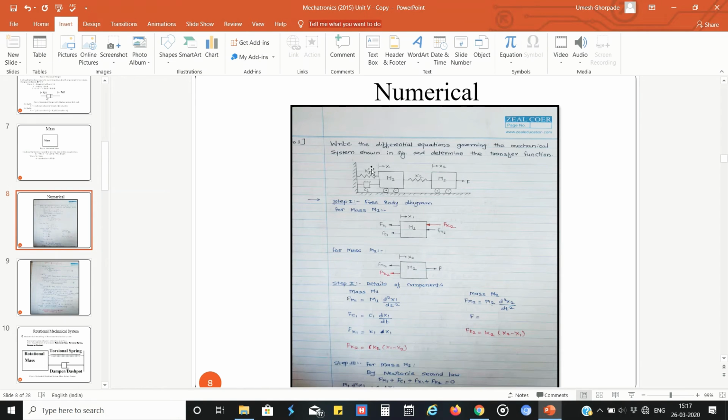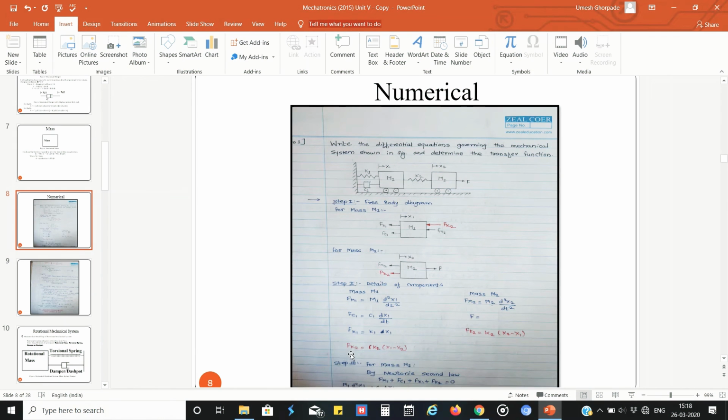The damper is connected to the ground and mass m1, so Fc1 is c1, the coefficient, into velocity. Velocity is the rate of change of displacement, so c1 dx1 upon dt. Fk1: the spring is connected to ground and mass, so it is only k1 into x1.